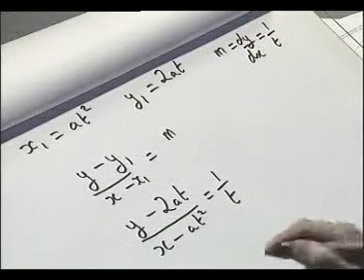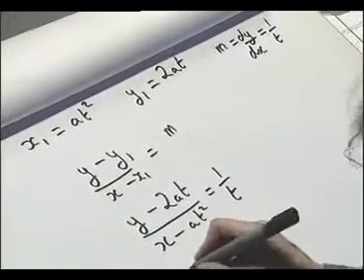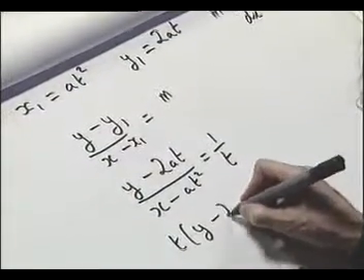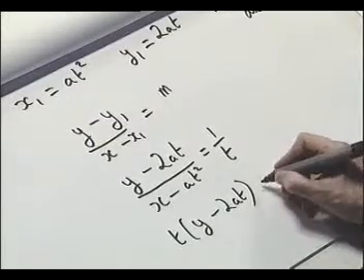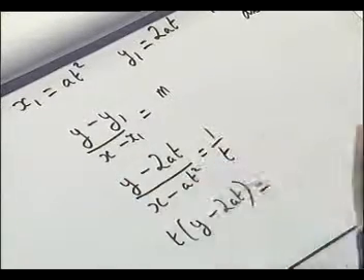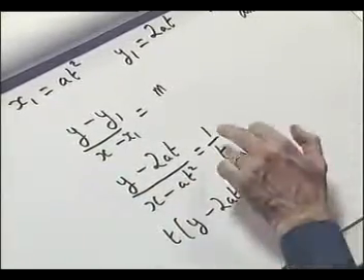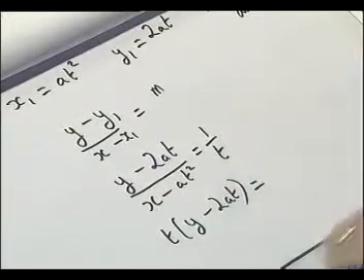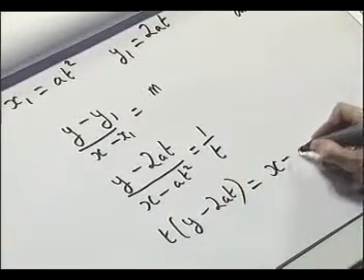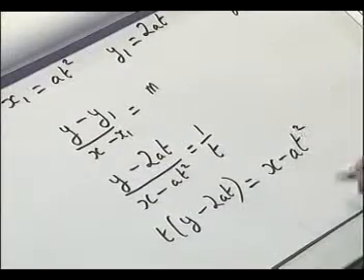So we multiply everything by t, so we have t times (y − 2at) is equal to, and we multiply everything by x − at², and on this side it means we're multiplying by 1, so that's just x − at².